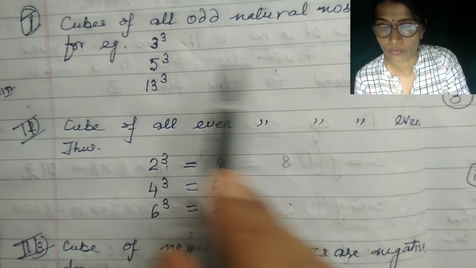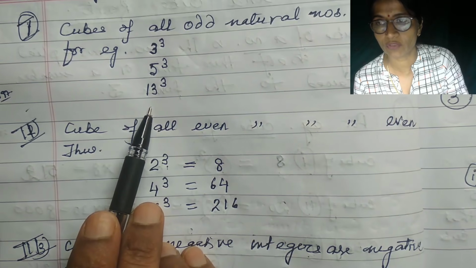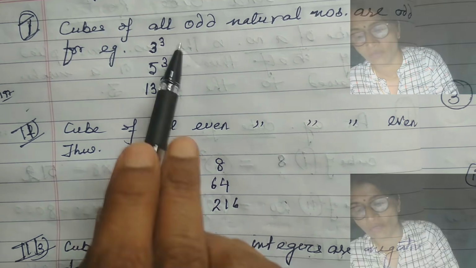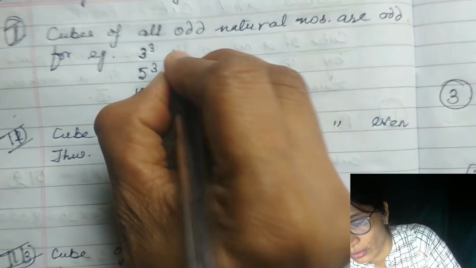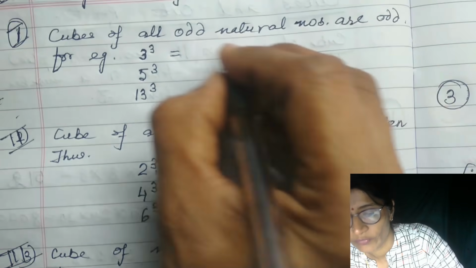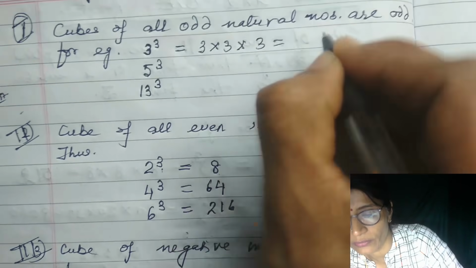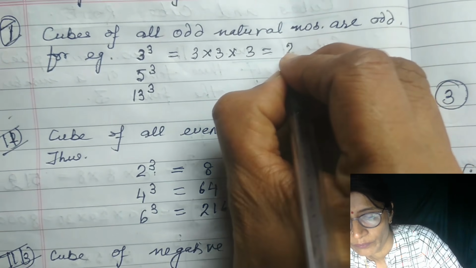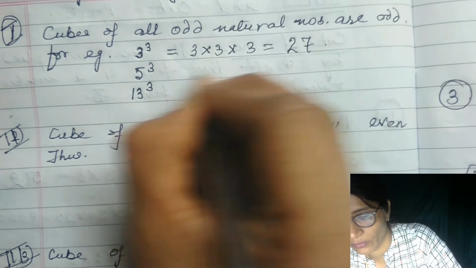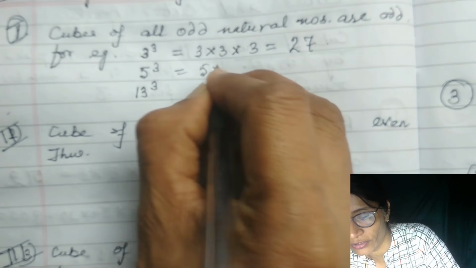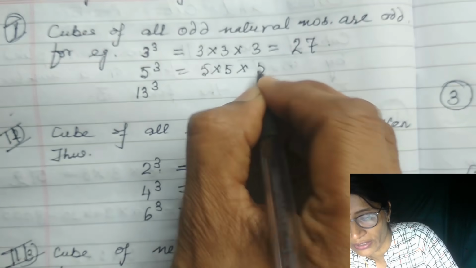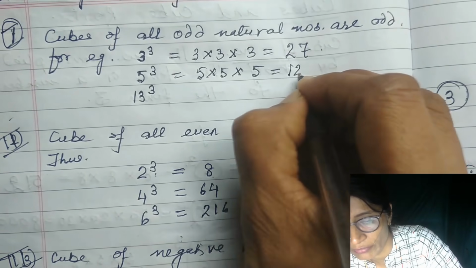But if it is the cube of an odd number, what will happen? You will observe that the cube of an odd number is always odd. 3 cube is 3 into 3 into 3, that is 3 threes are 9, 9 threes are 27. 5 cube means 5 into 5 into 5, that is equal to 125.